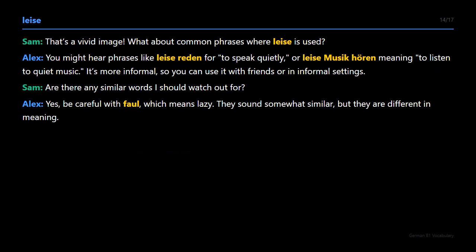It's more informal, so you can use it with friends or in informal settings. Are there any similar words I should watch out for? Yes, be careful with, faul, which means lazy. They sound somewhat similar, but they are different in meaning.